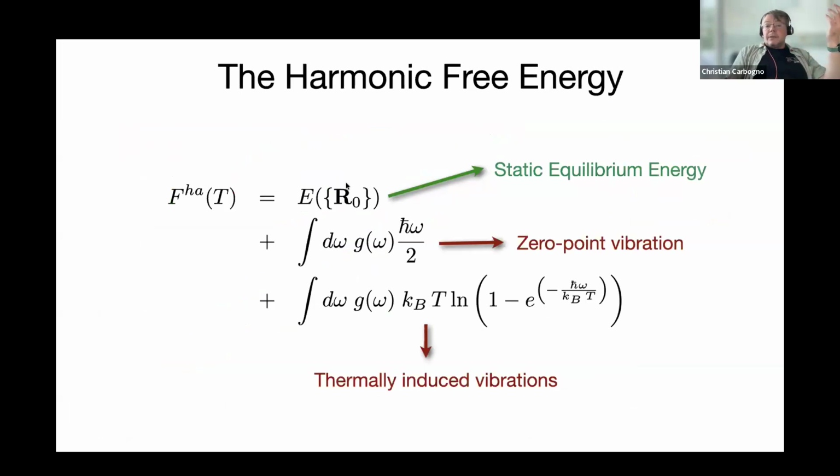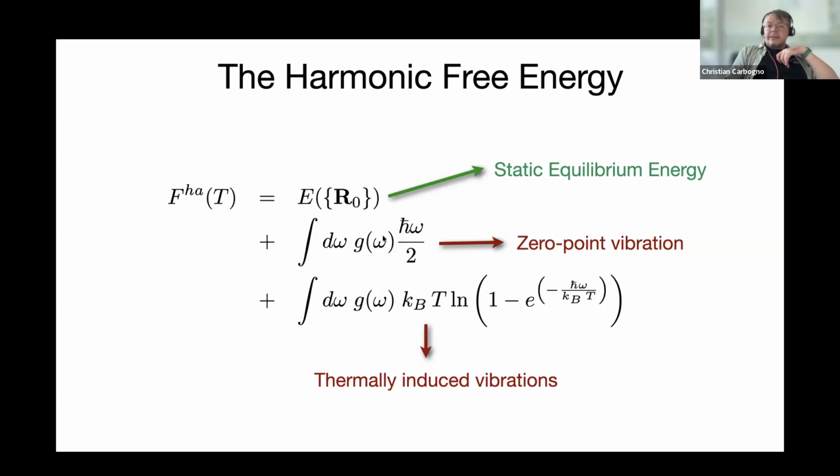So, the first thing that you can calculate using this harmonic approximation is, for instance, the harmonic free energy. Here, as we discussed in the very beginning, the first thing that enters is the static equilibrium energy. Then you get the contribution from the zero-point vibrations. You see exactly the factor 1/2 that comes in here, times the frequency of the phonons, times the density of states.